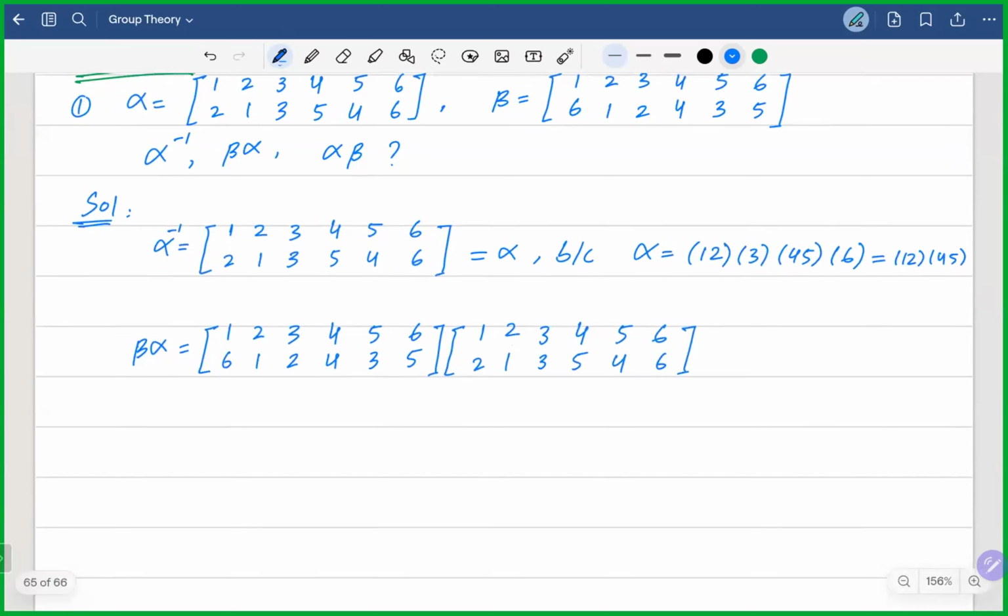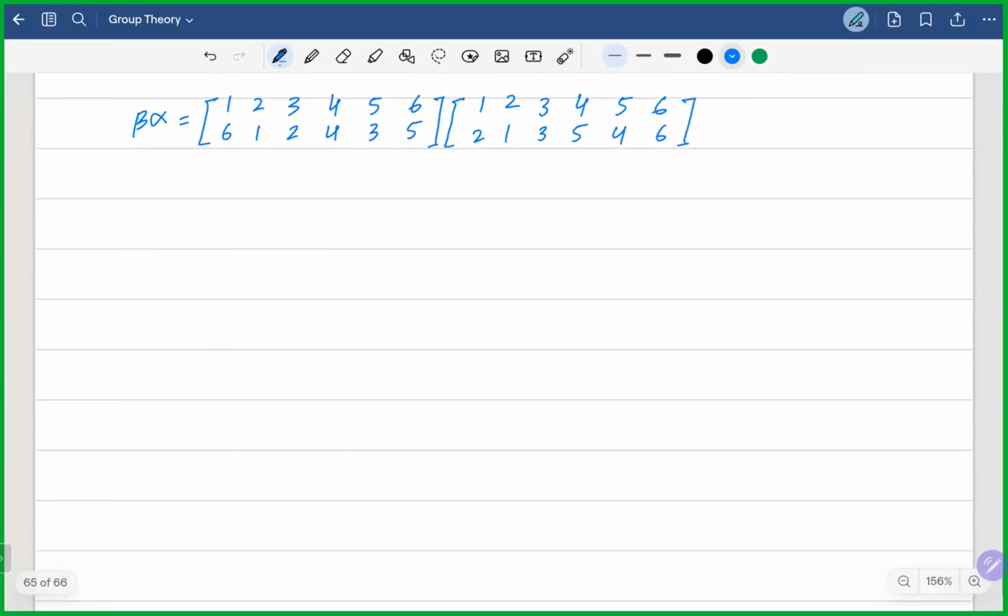Now we know a way that what we do, we first look at alpha, and then we look at the image of the result in beta. So if 1 goes to 2, then we will look at 2 in beta, and then we send it. Okay, so if we write beta alpha, then 1 goes to 2, but in beta, 2 goes to 1, so 1 goes to 1.